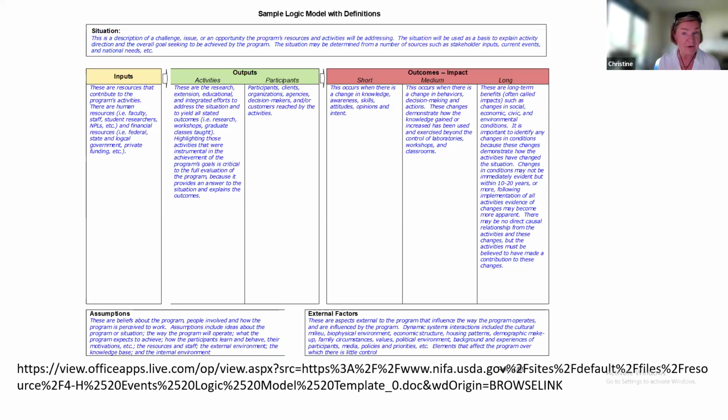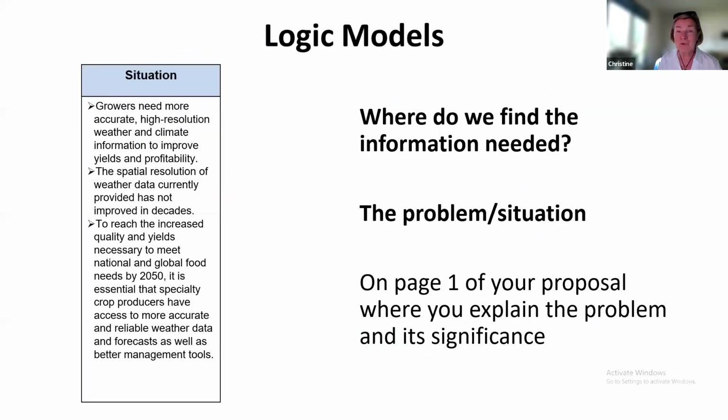And because this now all sounds very abstract and you know, so what? I started out by pulling each of these boxes and filling them with input for an imaginary USDA project that deals with creating better, more specific weather predictions for farmers and ranchers to be more successful. That's the overarching thing. So here is the situation.